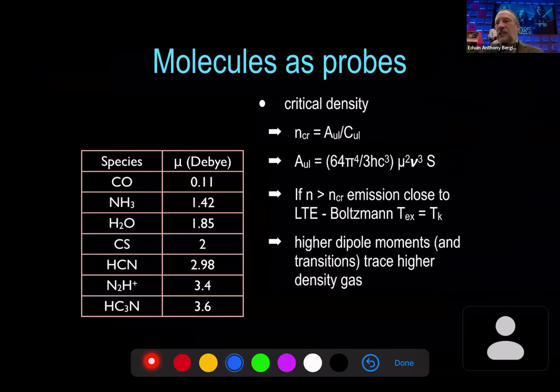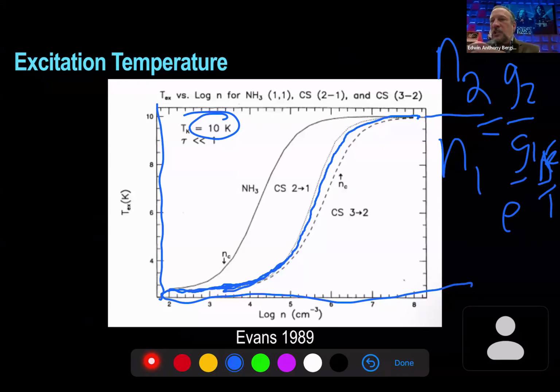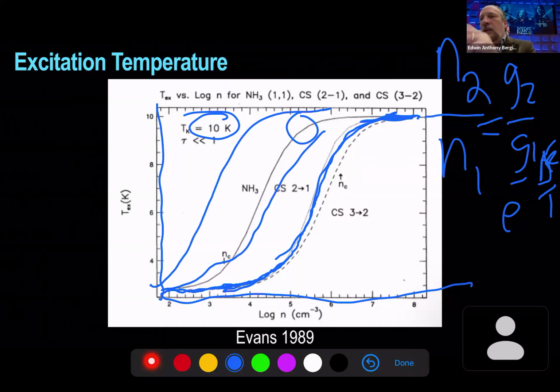And the neat thing is, not all molecules are the same. The density where this transition saturates at the 10 K is different for different molecules. For ammonia it happens earlier, and for CO it would be even earlier still.